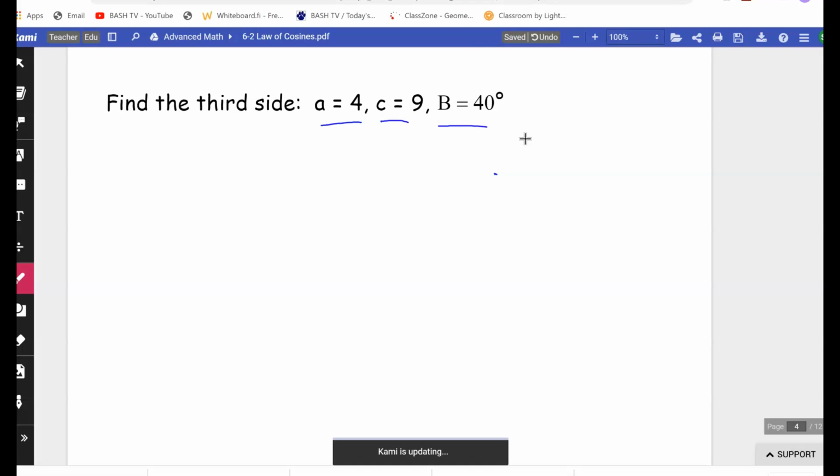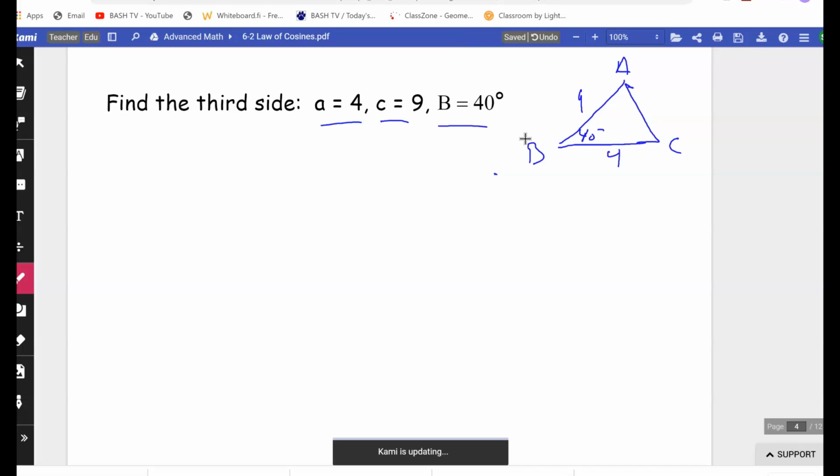Well, if you notice, all the letters are different. If I was looking at that as a triangle, and these we don't have to worry about 0, 1, or 2 cases, this would be B. I can make that angle A and angle C. It really doesn't matter which is which. Then this would be your 9, and this would be your 4. And so you'll notice I have an SAS case.